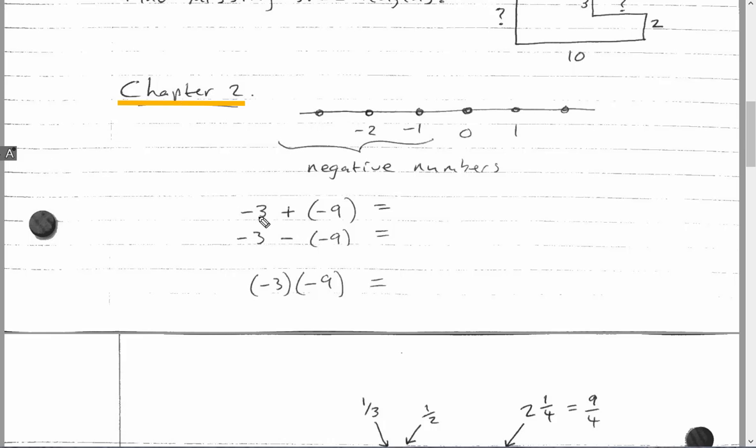So if you want to add negative 3 to negative 9, what's the answer? Is it 12? In fact, it's negative 12. In terms of money, you could think of this as you owe somebody $3 and you owe somebody else $9. So does that mean you have $12? No, it means you owe $12. So negative 12.